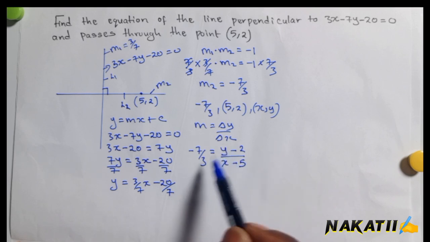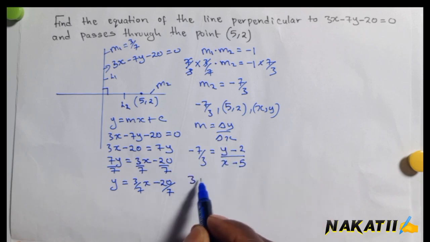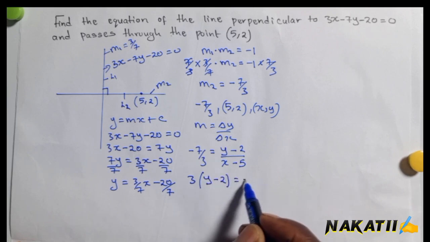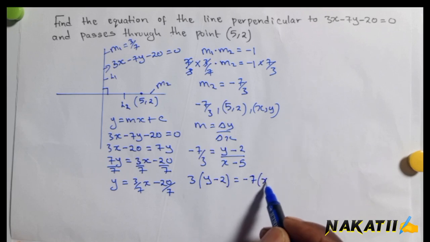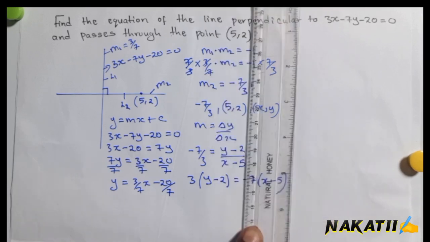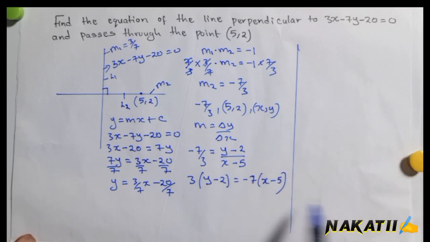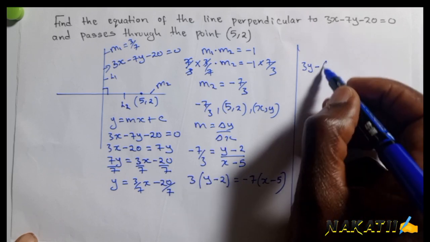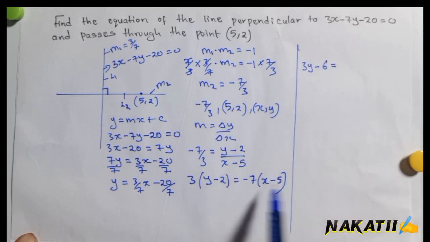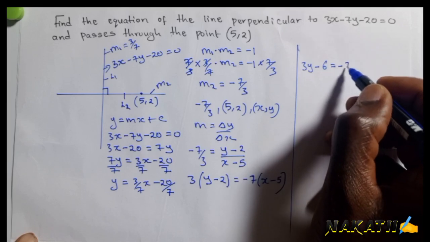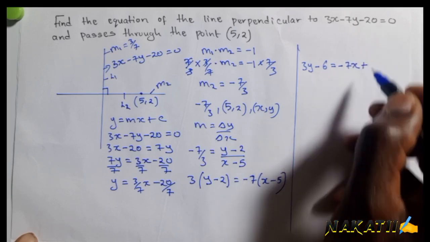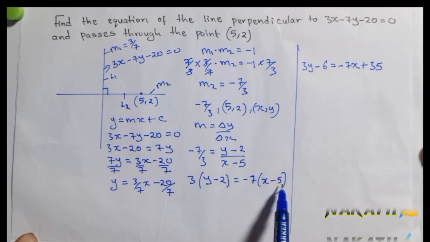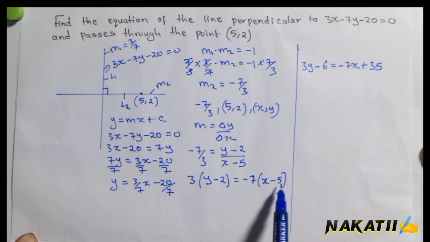Then we cross multiply this one. We'll have 3 into y minus 2 equals -7 multiplied by x minus 5. If you open the bracket here, we'll have 3y minus 6 equals, on this side, -7x plus 35, because minus 7 times minus 5, minus times minus is positive, 7 times 5 is 35.